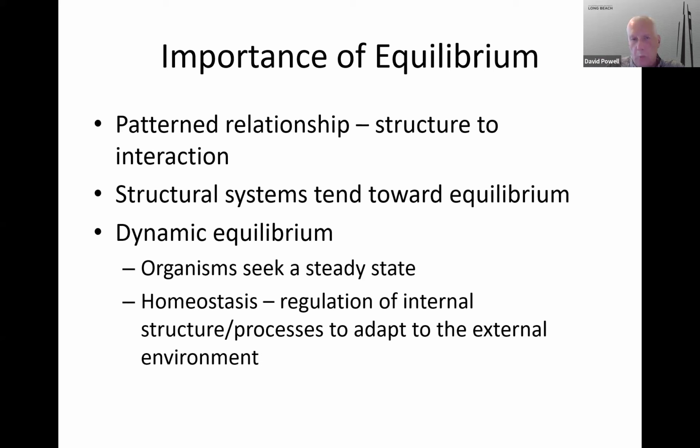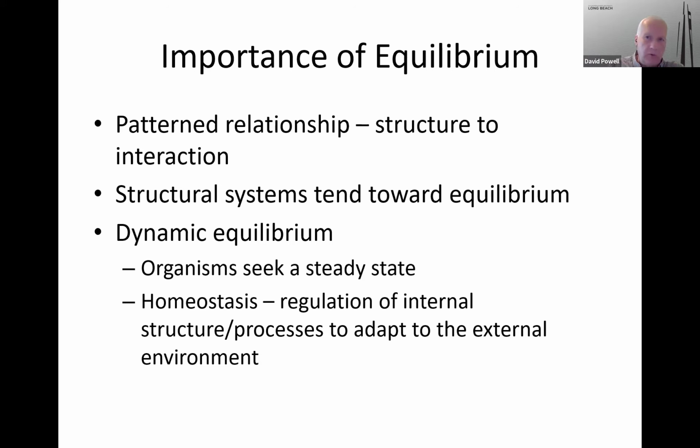So it's kind of this one-way street. How does the environment affect the organization? For open systems theorists, it becomes a two-way street. Not only how does the environment affect the organization, but how can the behaviors and the actions of the organization affect its surrounding environment as well? So in open systems theory, we are looking for a balance between the organization and its external environment.